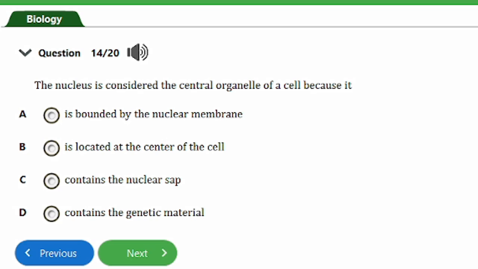It says the nucleus is considered the central organelle of a cell because it A, is bound by a nuclear membrane, B, is located at the center of the cell, C, contains the nuclear sap, D, contains the genetic material. So guys, the answer to this question is option D, and that contains the genetic material.